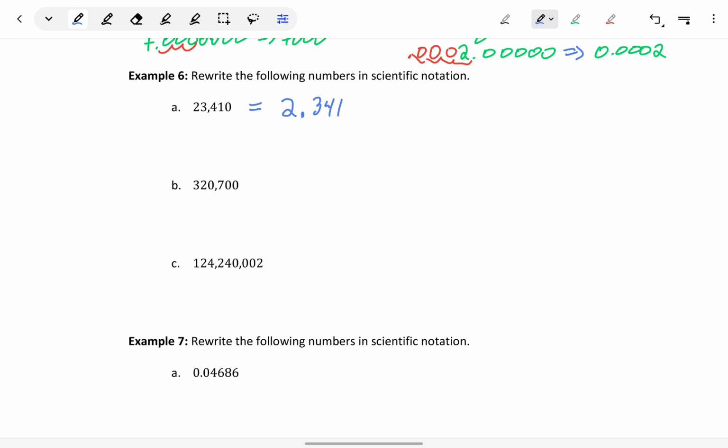And we could include that trailing zero, but we don't necessarily need it. Now what we need to think about is how many places did the decimal move to get from where it was to here. So originally, the decimal place was after that 0, so it moved 1, 2, 3, 4 places. So this will be times 10 to the fourth power.